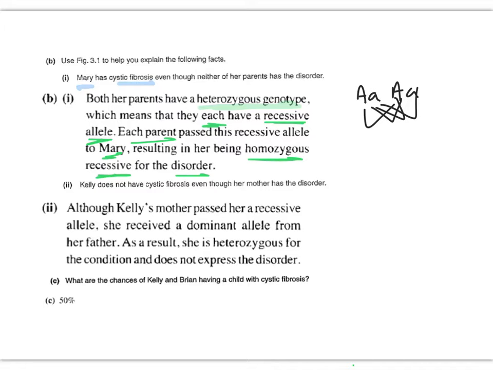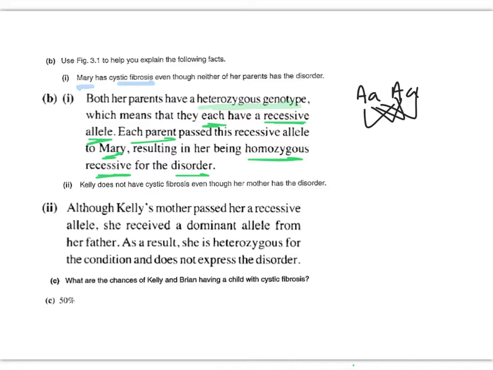Alright, let's take a look at part 2. Okay, part 2. Part 2, they're asking why Kelly does not have cystic fibrosis even though her mother has the disorder. So, John married Mary, so both of them had Kelly. So, let's think of possible genotypes of John.